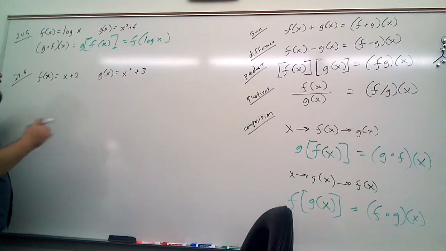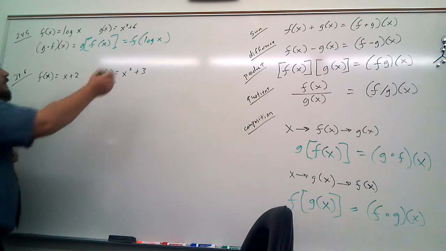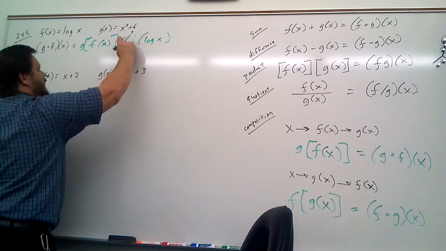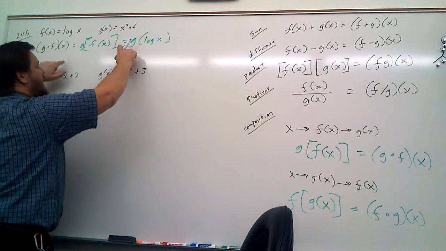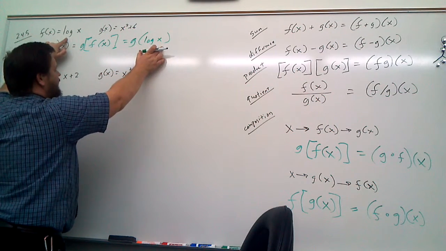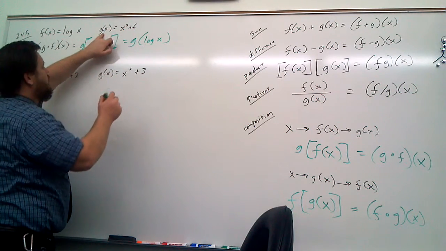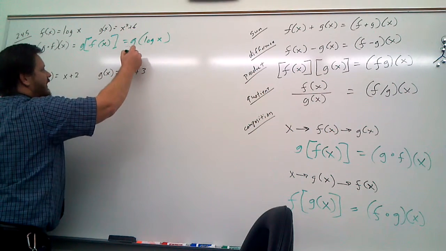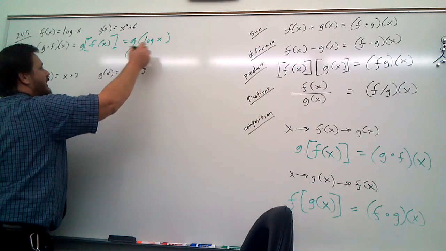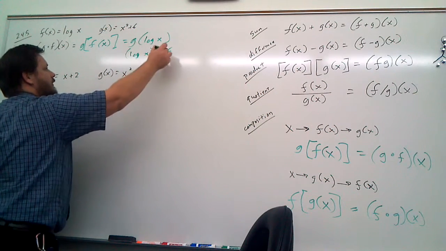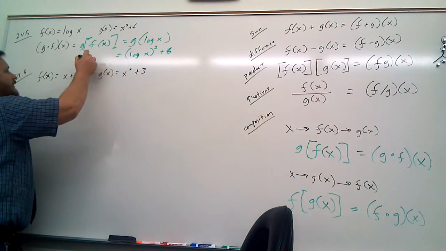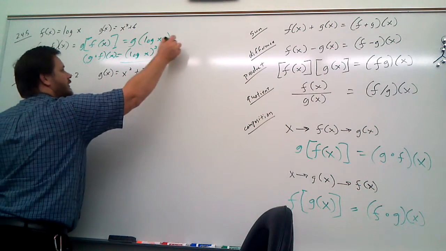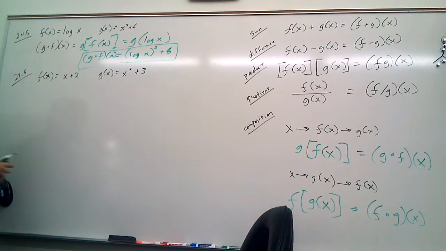And you actually don't have to understand logs in order to do this problem. We're going to take that log of x and square it, and then add 6, and that is what the g of f of x is, and so we've answered the question.